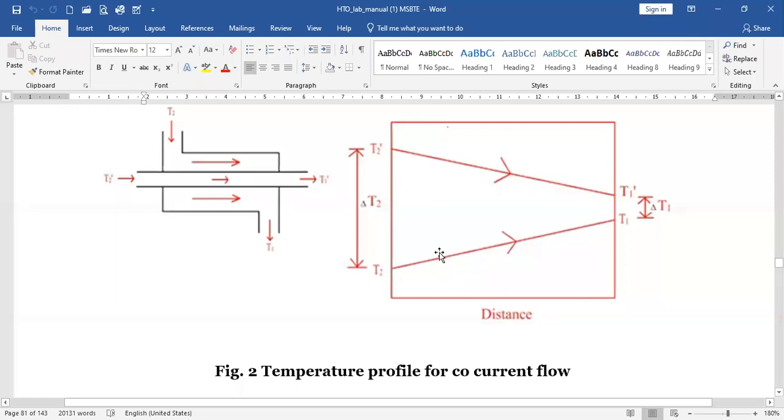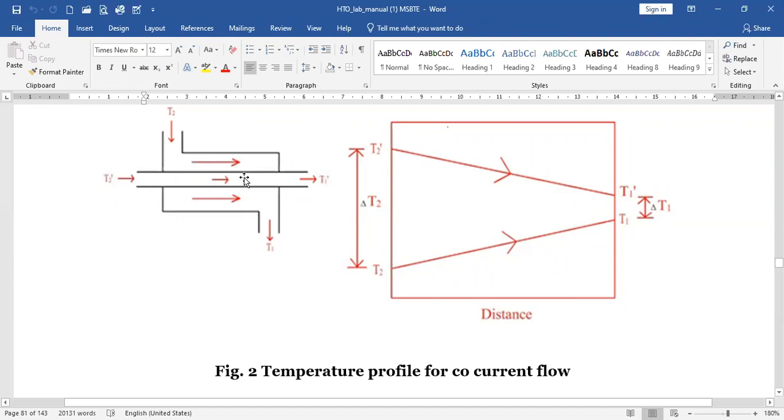This graph clearly indicates that this is the temperature profile for the cold fluid, and this is the temperature line for the hot fluid, because heat given out by the hot fluid is equal to the heat gained by the cold fluid. So this graph is nothing but the temperature profile of a double pipe heat exchanger for co-current flow, and this schematic shows that this is parallel flow.